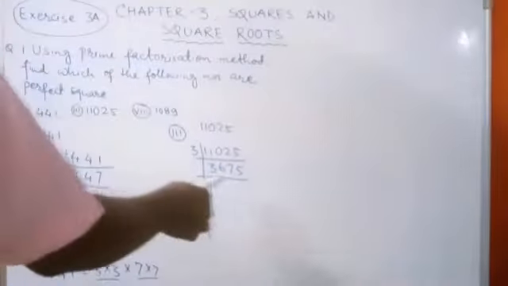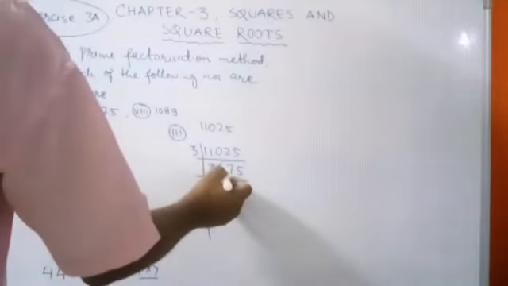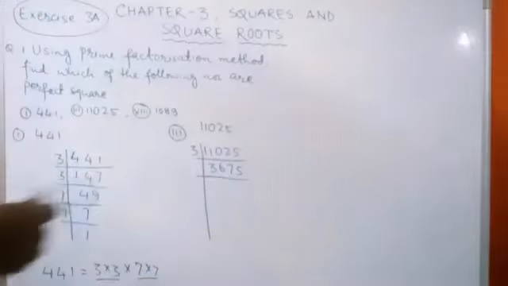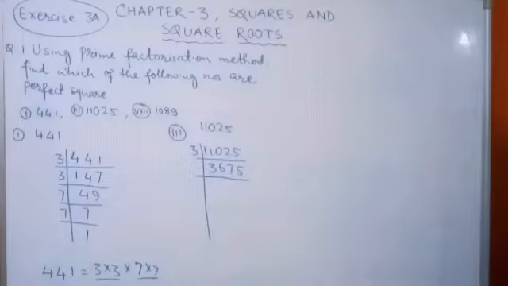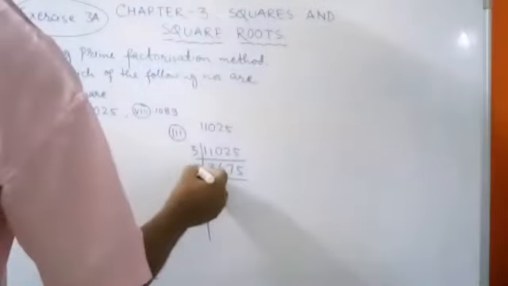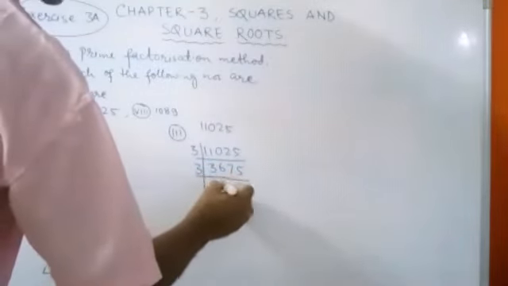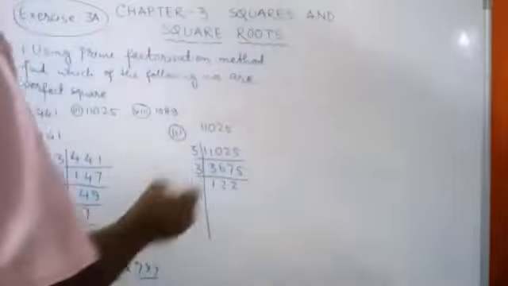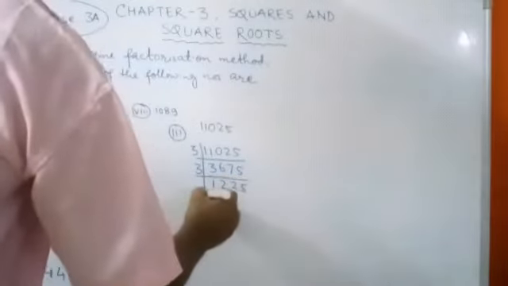Now sum of this number 3675: 7 plus 5, 12, 12 plus 6, 18, 18 plus 3, 21. Again 21 is divisible by 3. That is 3 ones are 3, 3 twos are 6, 3 twos are 6, 1 carry, 3 fives are 15.